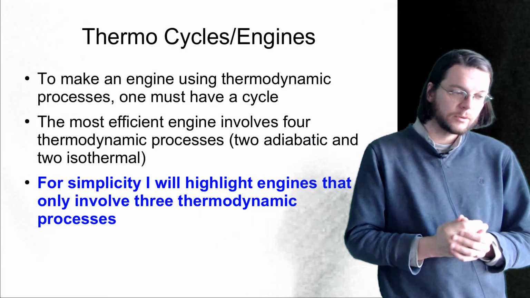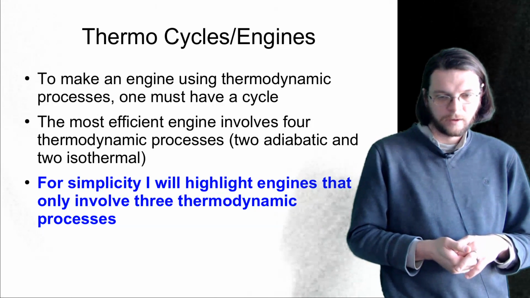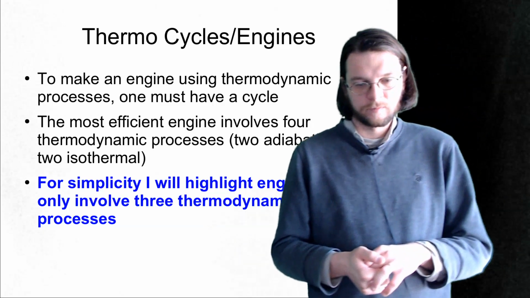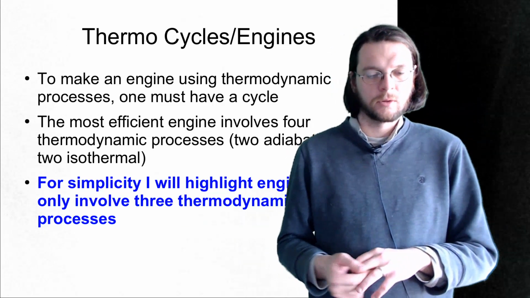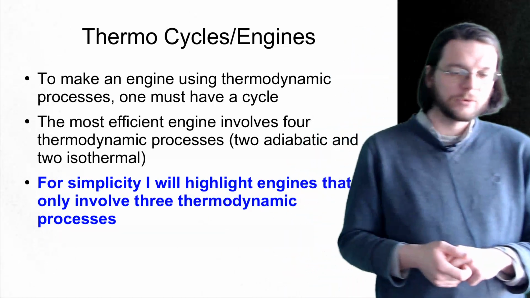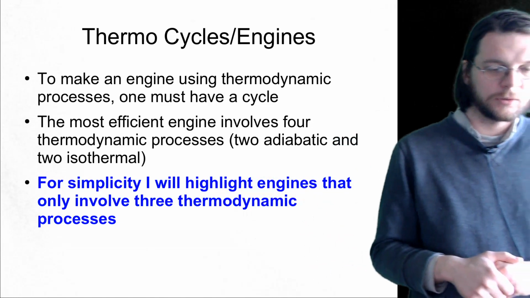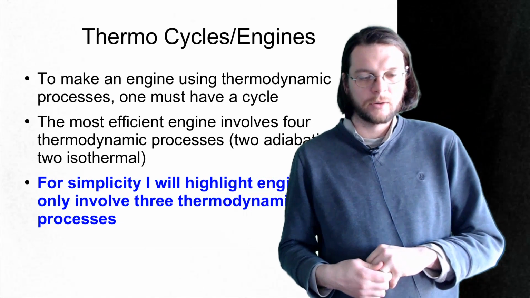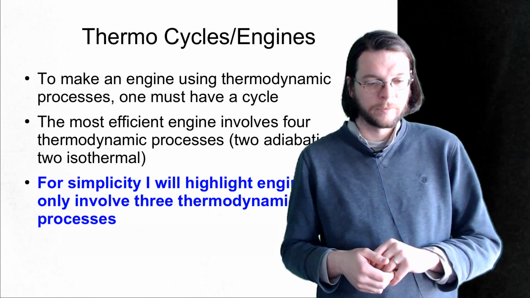And it turns out that the most efficient engine that you can make, which is called a Carnot engine, C-A-R-N-O-T, which you can find in the book, involves 4 thermodynamic processes. 2 of those are adiabatic and 2 of those are isothermal. That turns out to be the most efficient engine of them all. I'm actually not going to talk about that one.